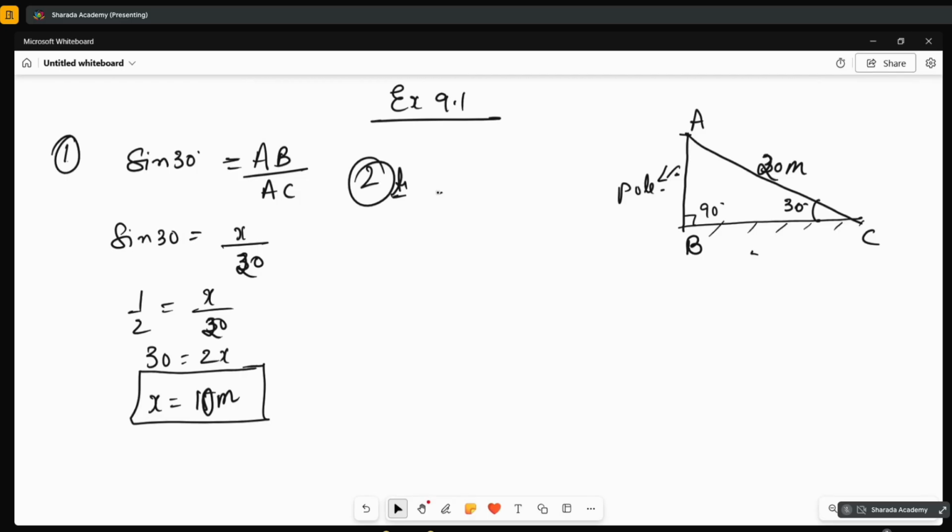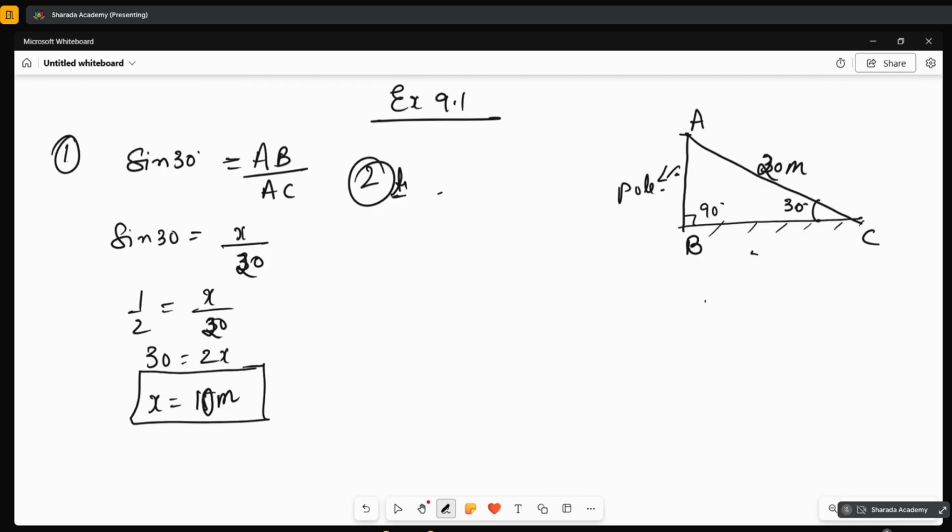A tree breaks due to storm and the broken part bends so that the top of the tree touches the ground.